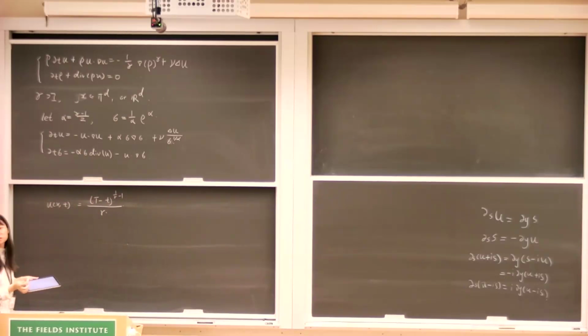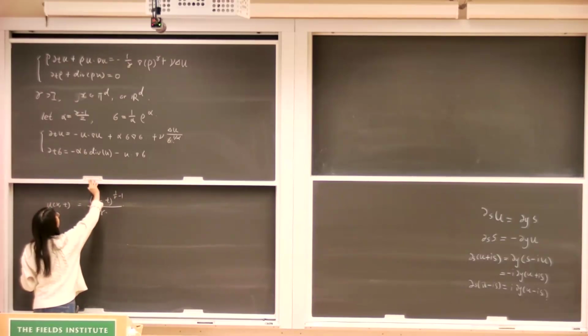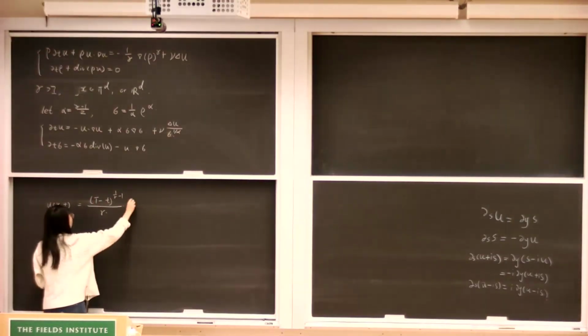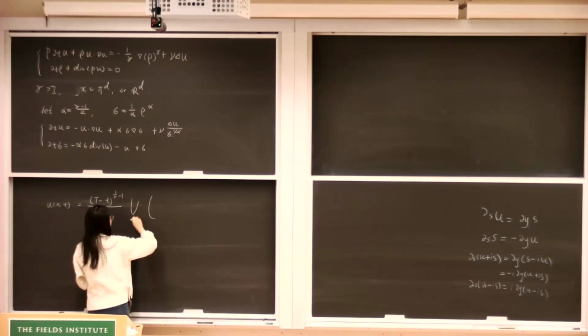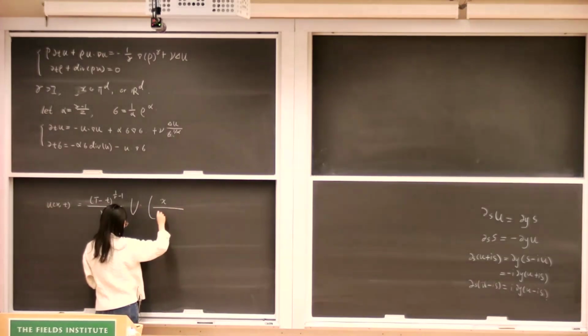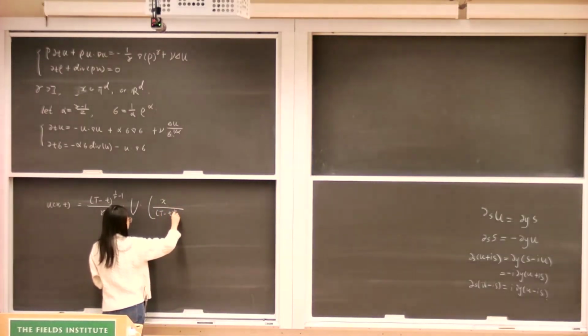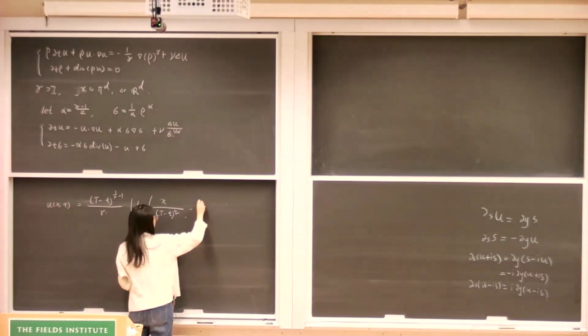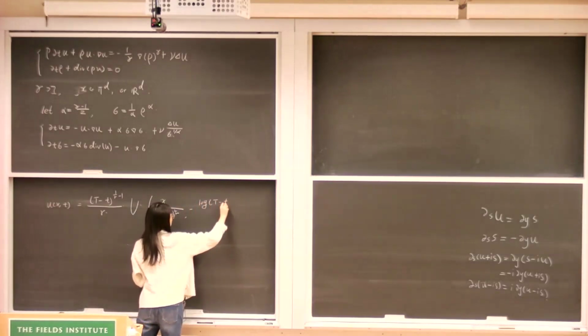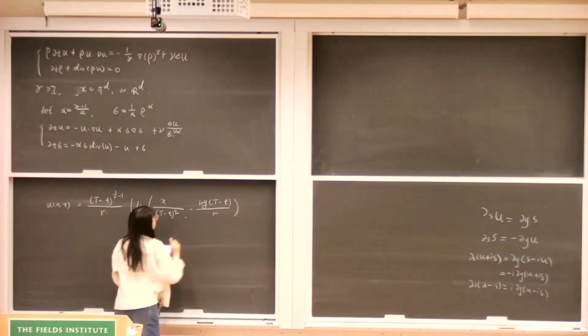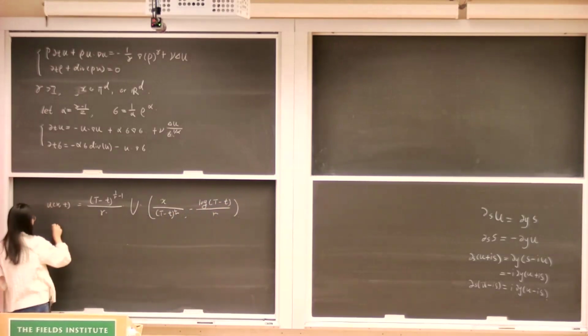After rescaling, there's only sigma. This capital U is the profile function. Now we just write it into the self-similar coordinates. It's still not in self-similar form yet because your time will be a logarithm.